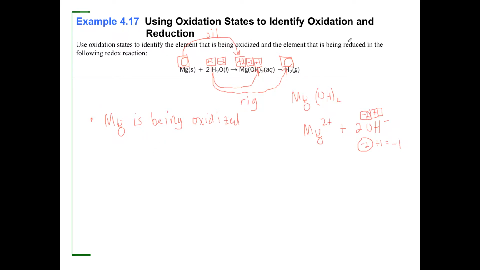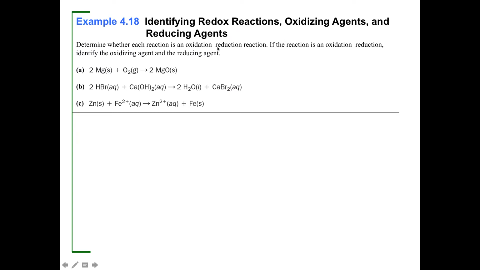And the element that's being reduced, okay? And it looks like hydrogen, some of it's not doing anything, but some of it's being reduced. So hydrogen is being reduced. Okay?